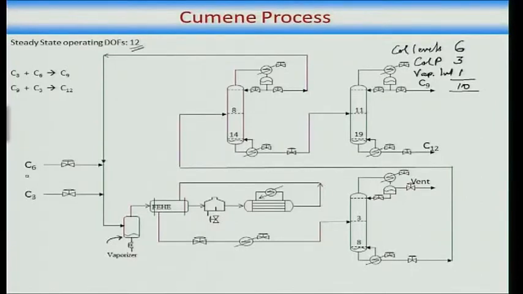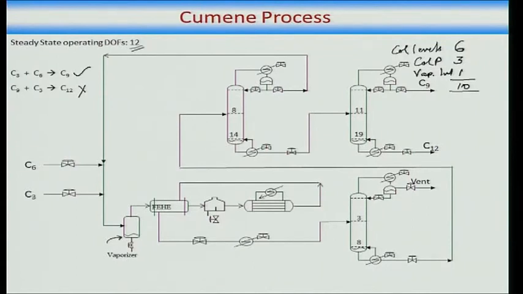By the way, let me explain the process too. What we have basically is propylene alkylates benzene to give you cumene. Cumene is my desired product. The cumene can further get alkylated by propylene to give you diisopropyl benzene, which is C12, and this C12 is not desired, you cannot fetch any money for it.